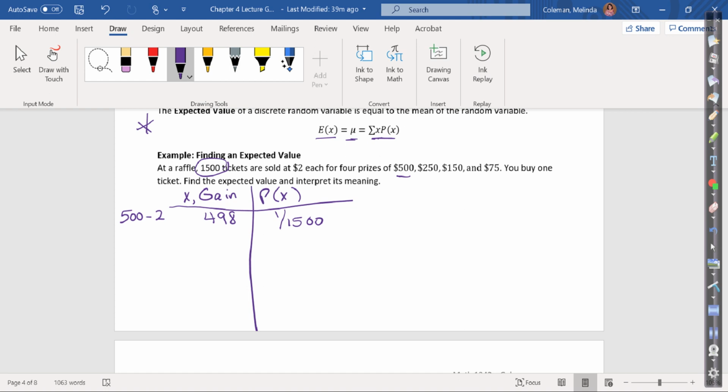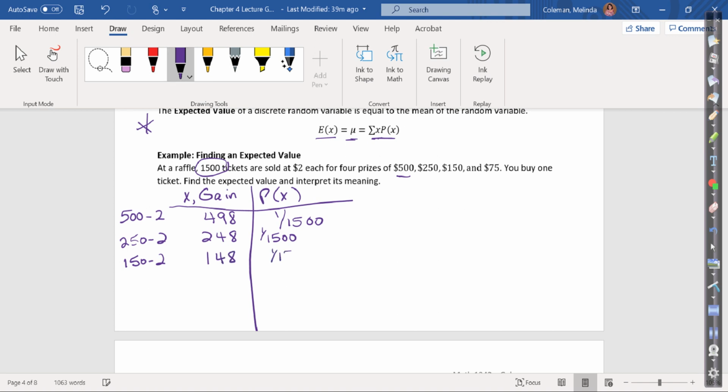If you win the $250 ticket, then your net gain is going to be $248. Remember, it costs you $2 to play. Again, there's only 1 winning ticket, so this is also a probability of winning of 1 over 1,500. Likewise, with a $150 ticket, that would be a net gain of $148.